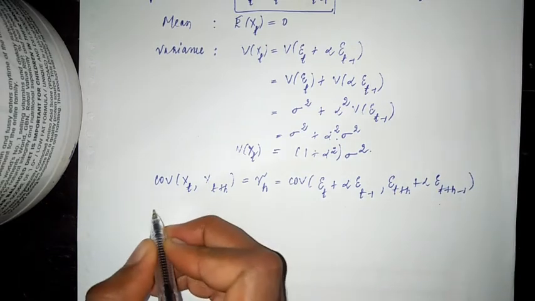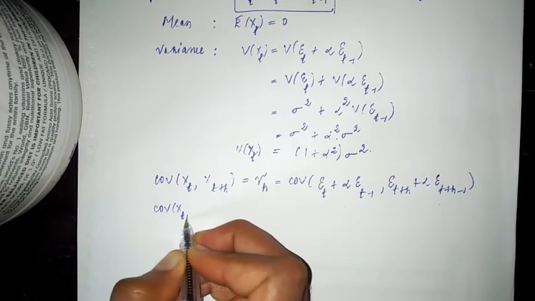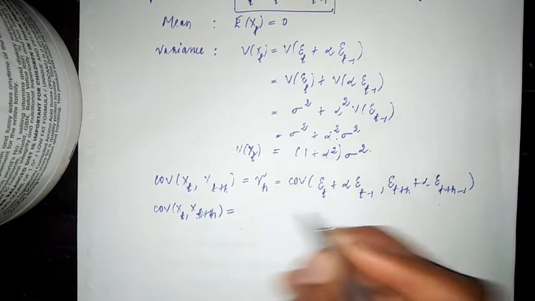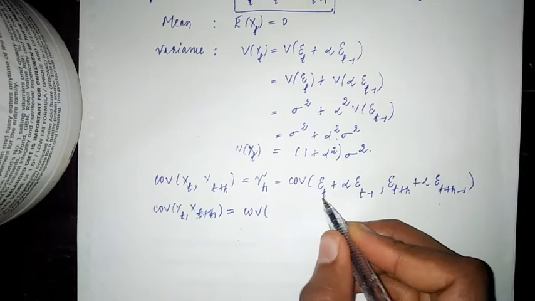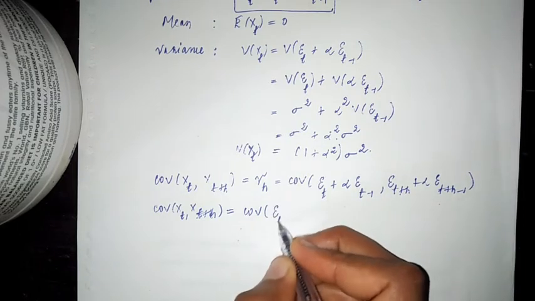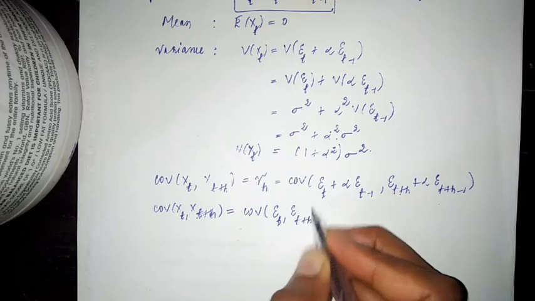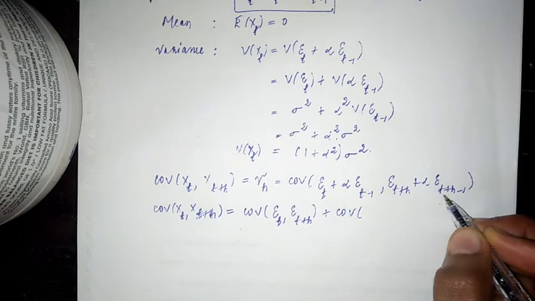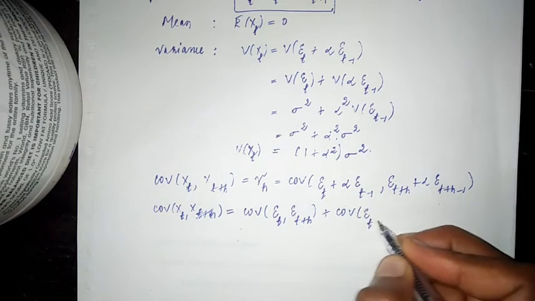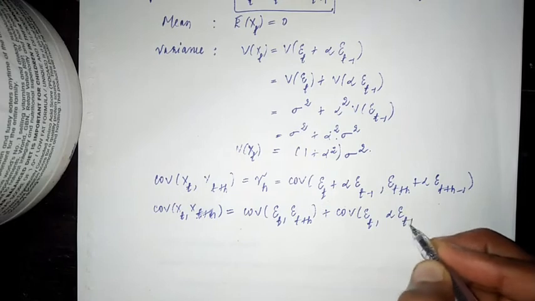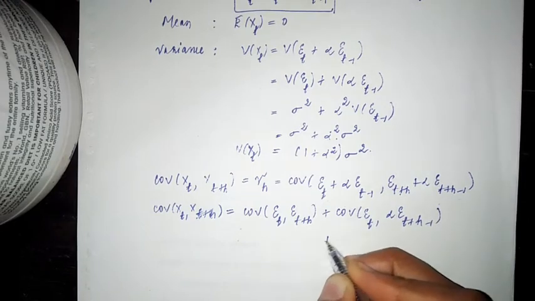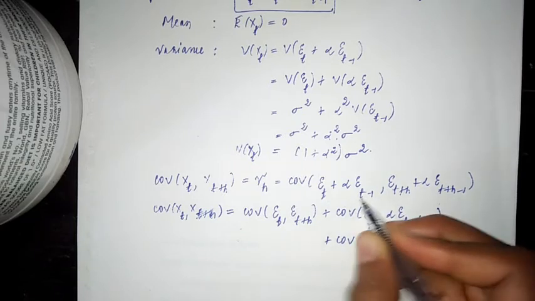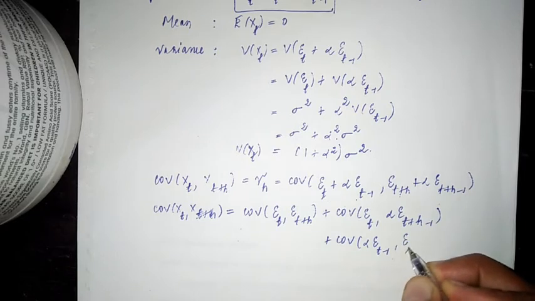Now I am just going to split the terms. The covariance between x_t and x_{t+h} is the covariance between epsilon_t and epsilon_{t+h}, plus the covariance between epsilon_t and alpha epsilon_{t+h-1}. The third term is the covariance between alpha epsilon_{t-1} and epsilon_{t+h}.